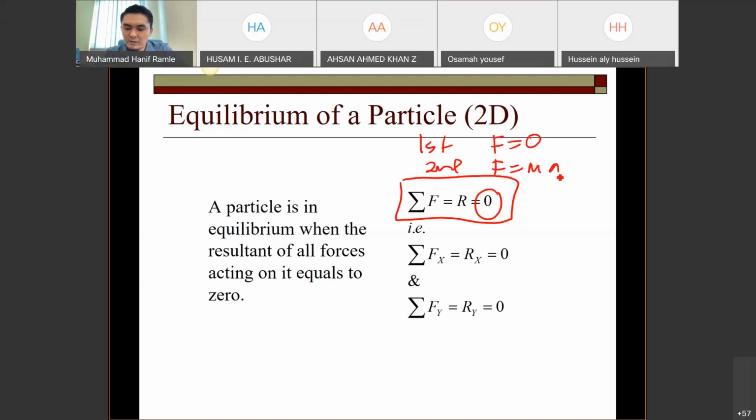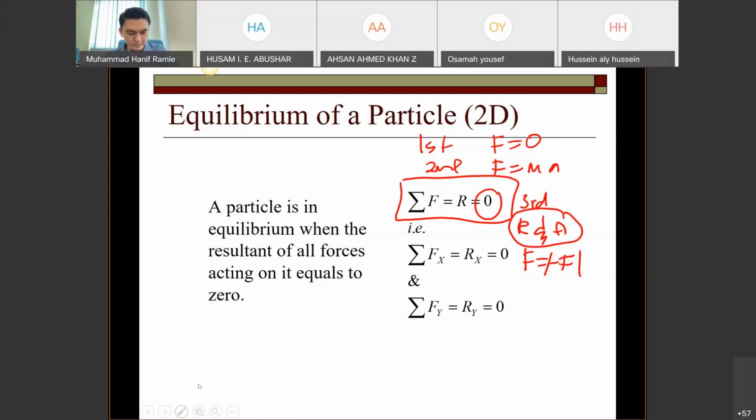The third one is about action and reaction, so F equal to negative F. Which one? Third law. Yes, correct. Reaction and action as well.